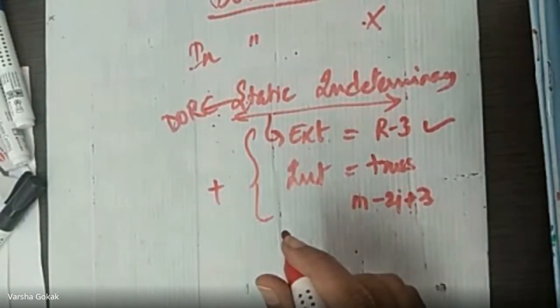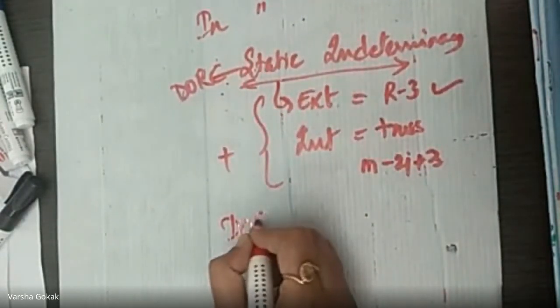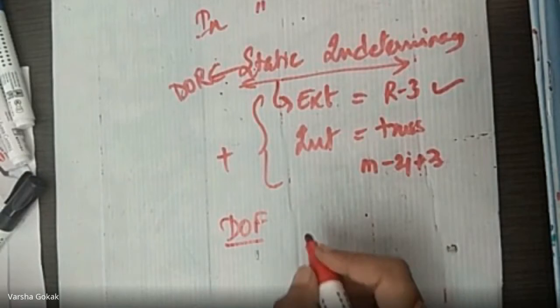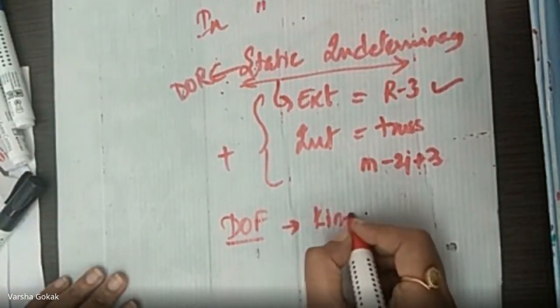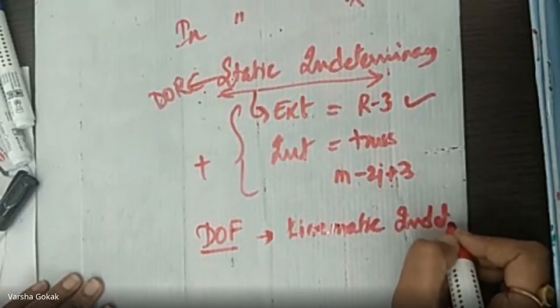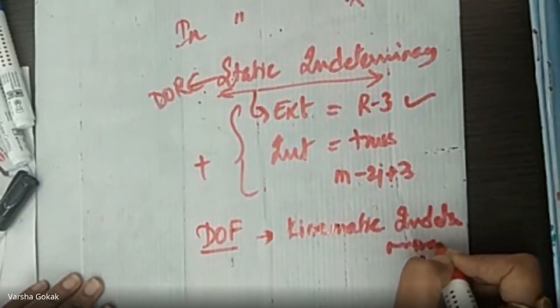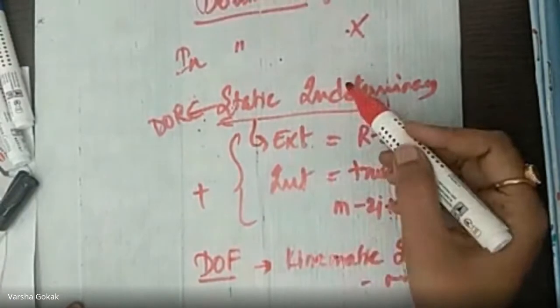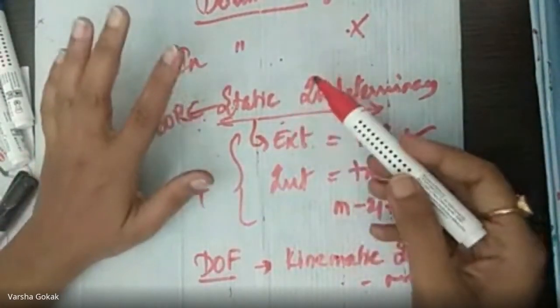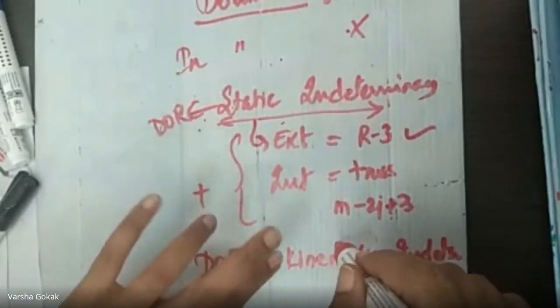Right. Then tell me, what is degrees of freedom? What do you understand by degrees of freedom? It is also called kinematic indeterminacy. See, this is static and this is kinematic indeterminacy. The name only tells: static means at rest, kinematic means in motion.